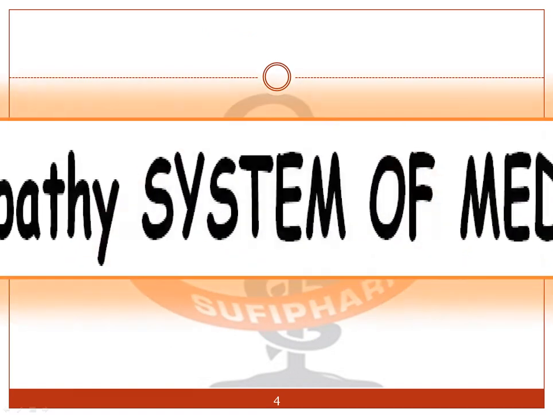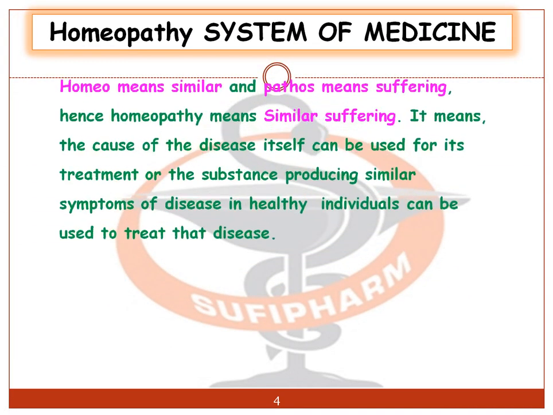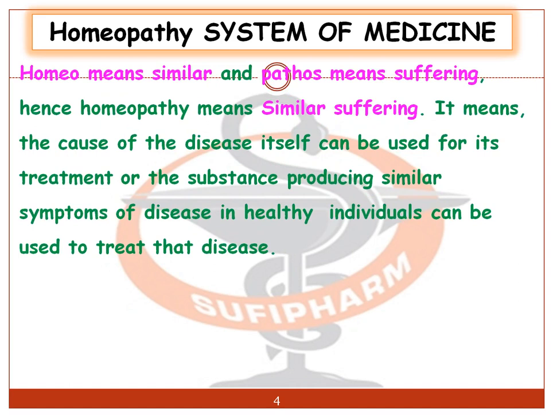So, the homeopathic system of medicine: homeo means similar and pathos means suffering. Hence, homeopathy means similar suffering. It means the cause of a disease itself can be used for its treatment, or the substance providing similar symptoms of the disease in a healthy individual can be used to treat that disease.